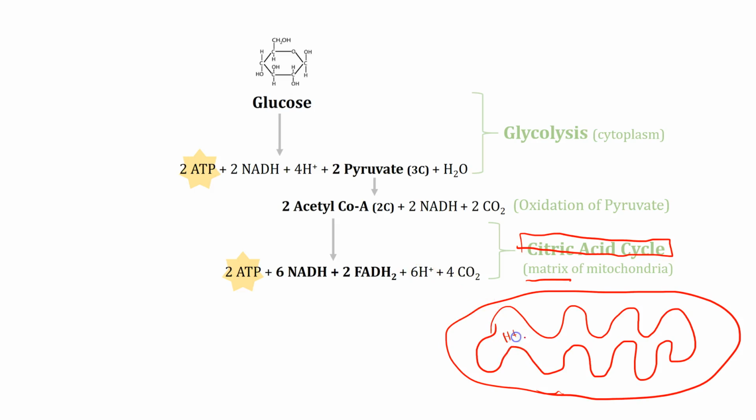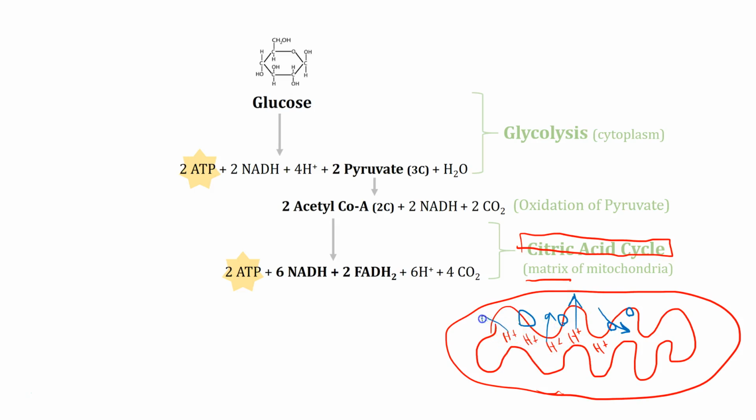So you're getting a whole bunch of hydrogen ions accumulating in the matrix. And then in that inner membrane are the ATP synthase proteins, okay? And they work by hydrogen ions flowing down this way through it. Okay, so somehow these hydrogen ions have to get pumped up into the intermembrane space.